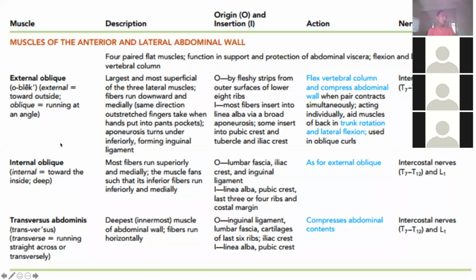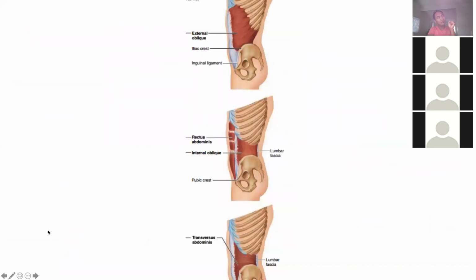So the origin and insertion of these anterior abdominal wall muscles are slightly important, and it is easy to remember. So external oblique, internal oblique, and transversus abdominis. Look at that. The outermost layer, external oblique, you can see where it is coming from. Hey, it is coming from the ribs, guys.